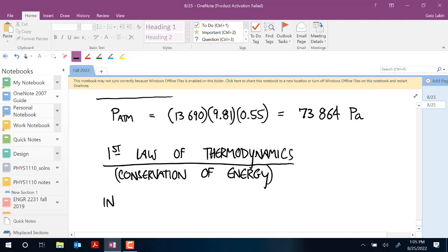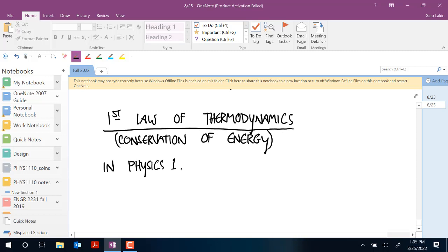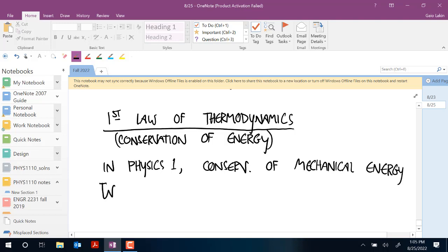In Physics 1, you used conservation of mechanical energy and it looked something like this. The work that you apply to an object is equal to the change in energy of the object.